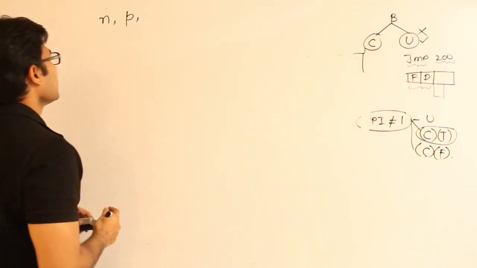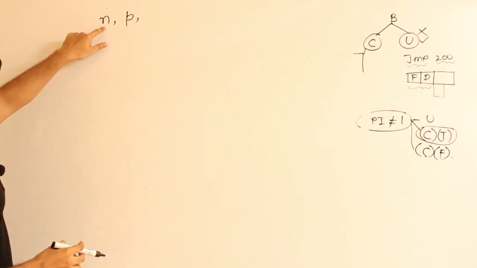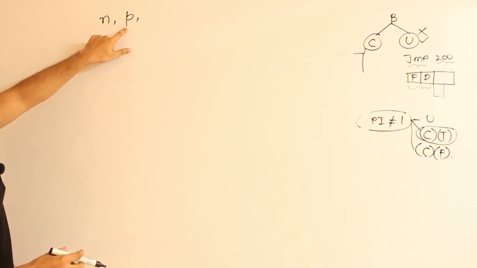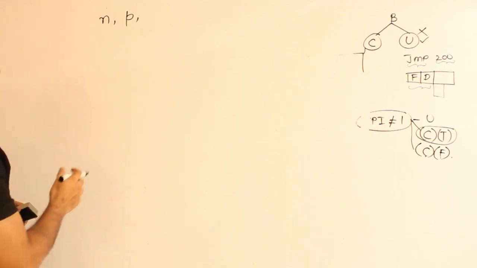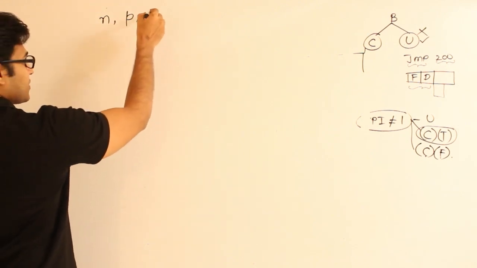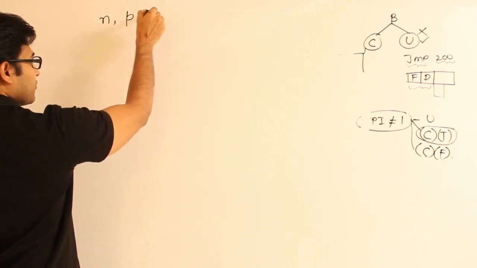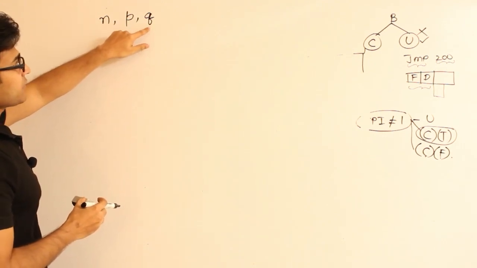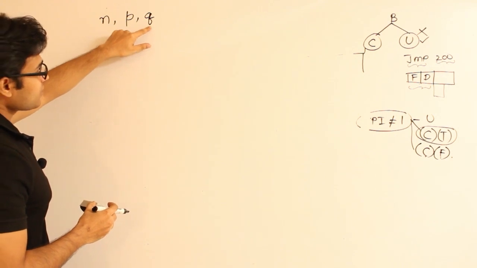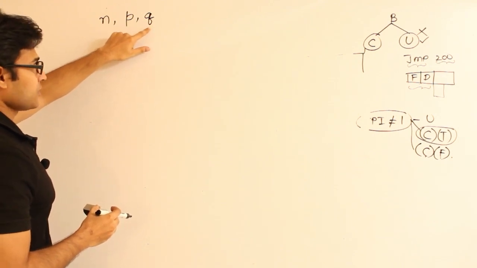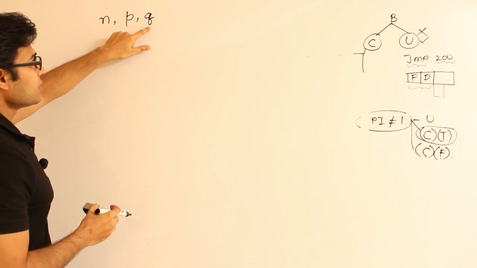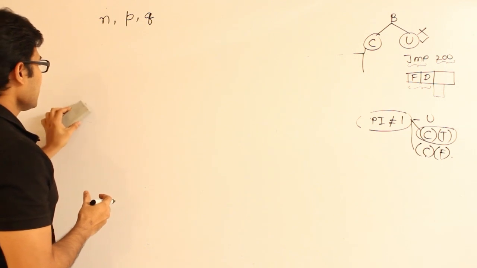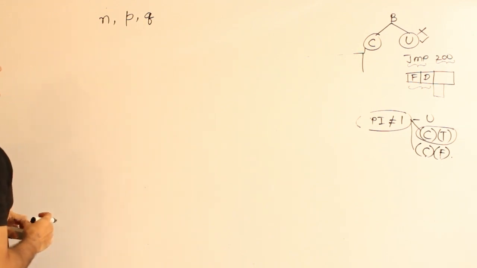So totally there are n instructions, and p is the probability that an instruction is going to be conditional, and in case an instruction is conditional, then q is the probability with which the condition evaluates to be true, and the target instruction is a different instruction and it is not going to be the consecutive instruction, which means only with the probability q is the given conditional instruction going to be true, right?